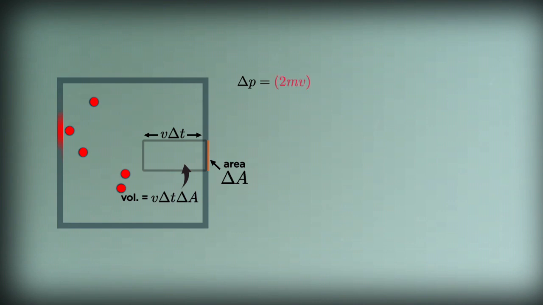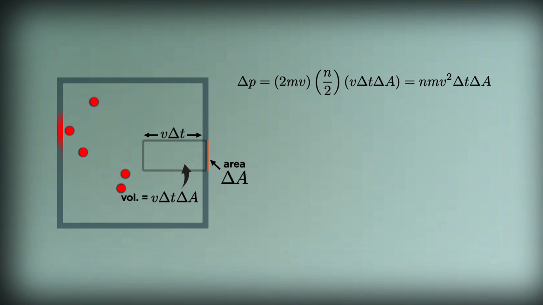If we now focus on an area delta A of the wall, that singles out a box with a volume of v delta t times delta A. So the total momentum absorbed by the wall will be the momentum from each collision, 2mv, times the number of collisions, which is equal to n/2, the number density of particles moving to the right, times v delta t delta A, the volume of the box.